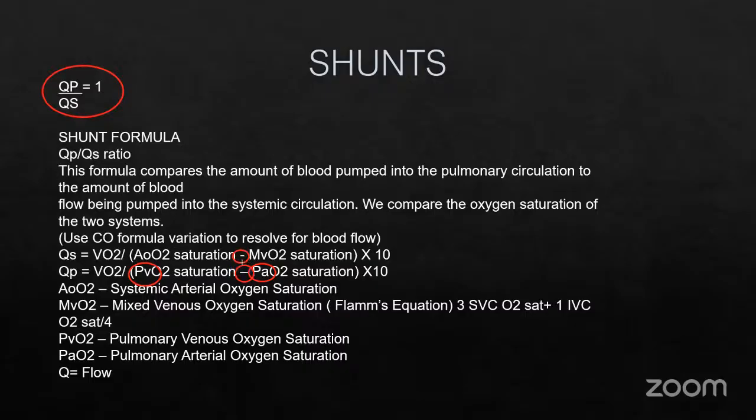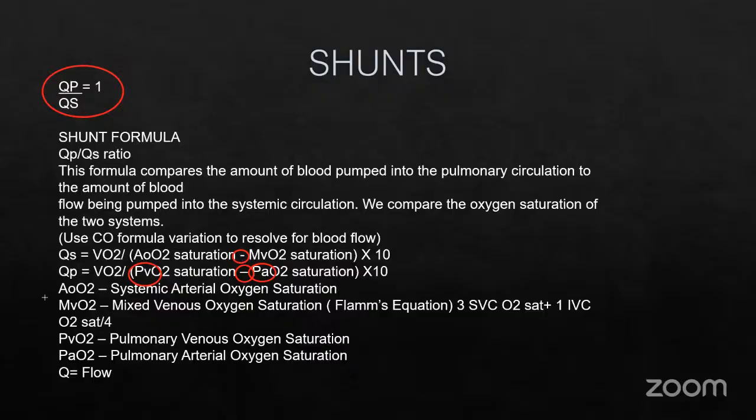So I don't know how you're going to see it on your RCIS or any other material. It could be a minus, it could be a difference, it could be AV diff instead of AO2 minus MVO2 diff saturation. However it's written, the concept is going to be arterial and venous samples, or oxygenated and deoxygenated samples, to better say it, because it doesn't apply for all 3 samples. So the high oxygenation minus the low oxygenation on the systems.